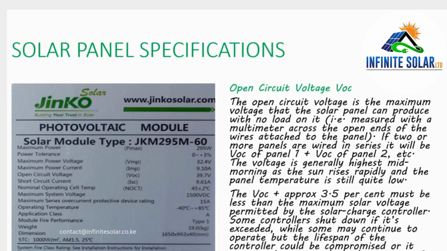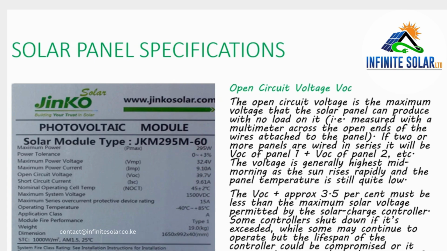Let's look at the open circuit voltage, a very important specification when doing various designs. An open circuit voltage, that is the VOC, is the maximum voltage that a solar panel can produce with no load on it. It's normally measured with a multimeter across the open ends of the wires attached to the panel.